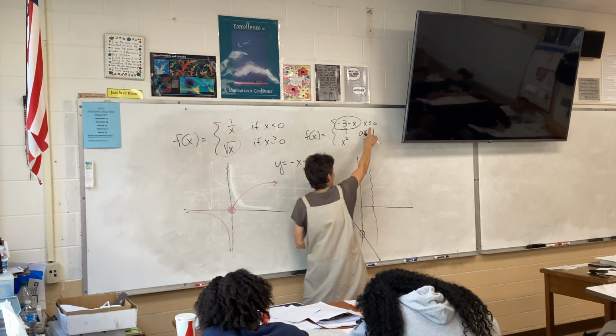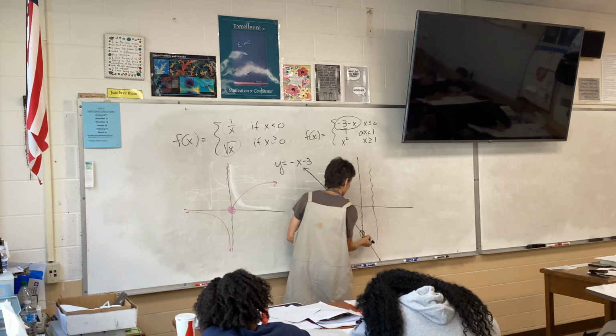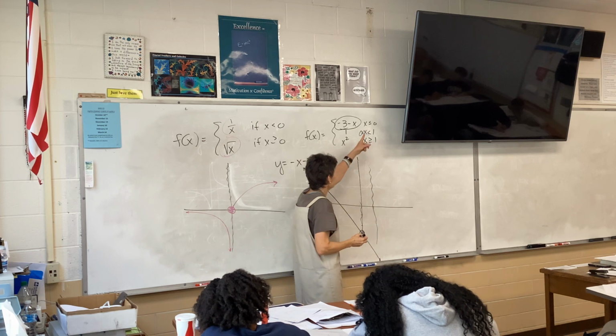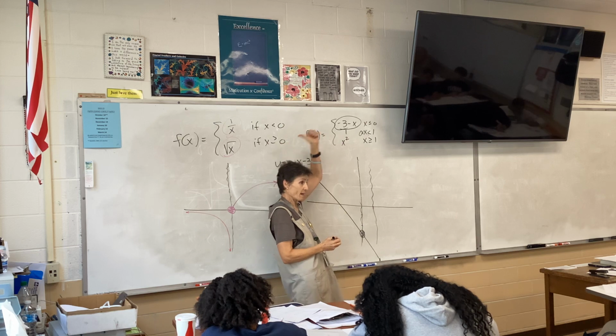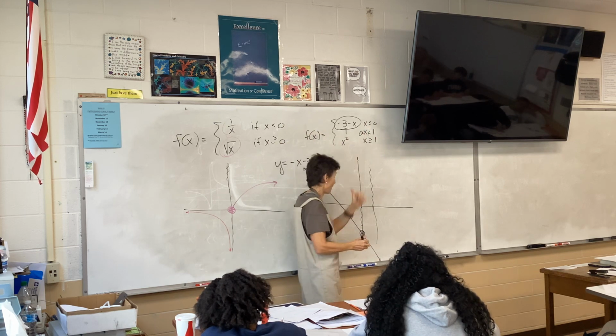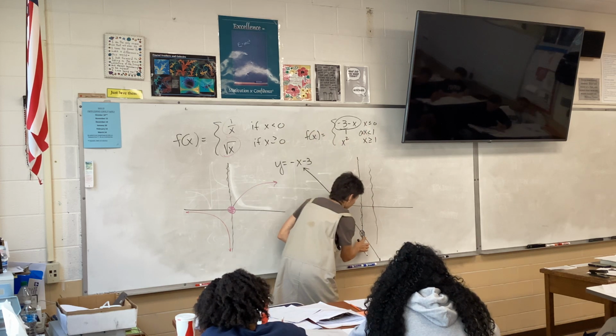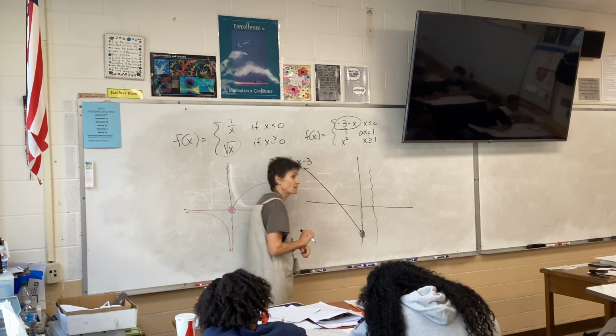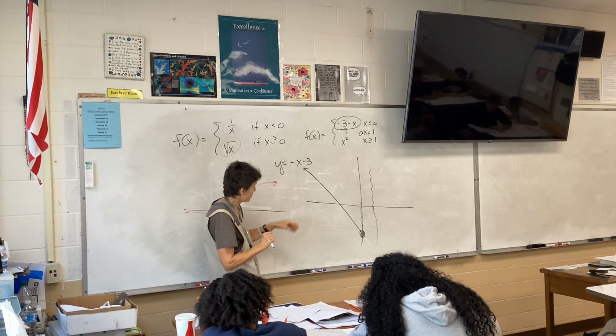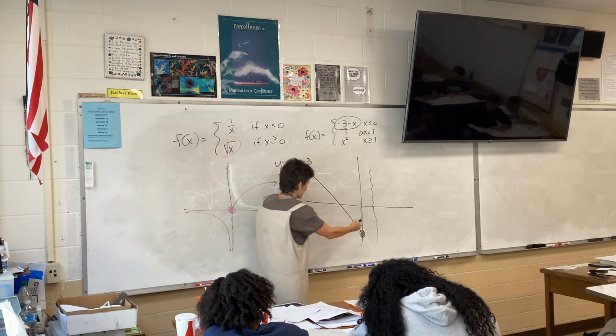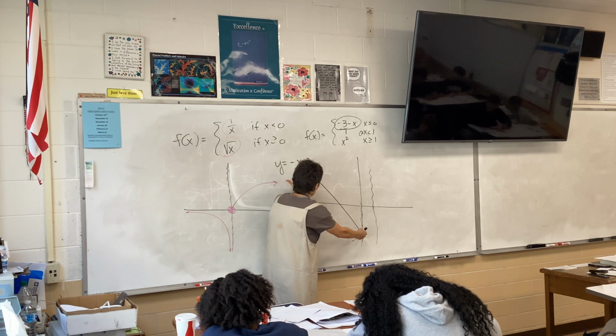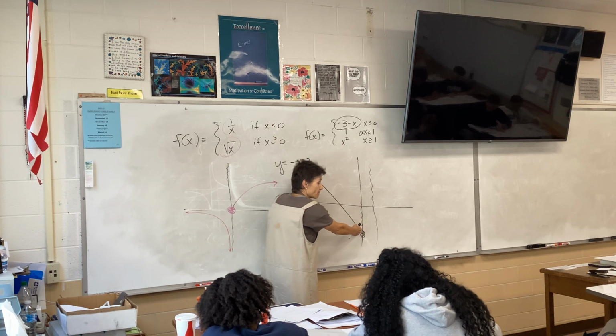Open dot or closed dot? Closed. And because that's going that way, I'm going to keep this and erase this. So far, my picture is this half line, or whatever you want to call it, right here.